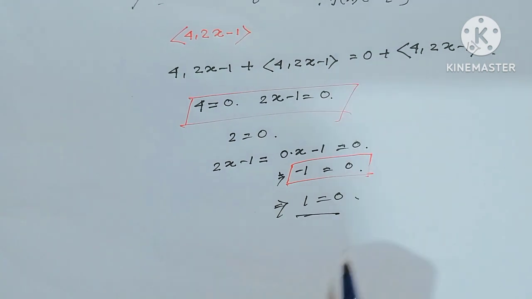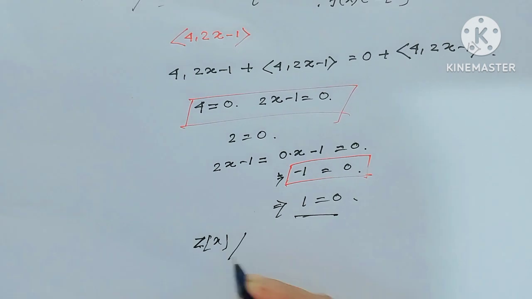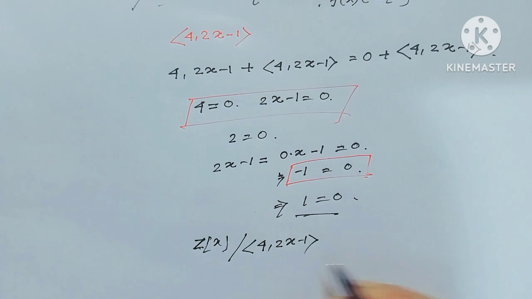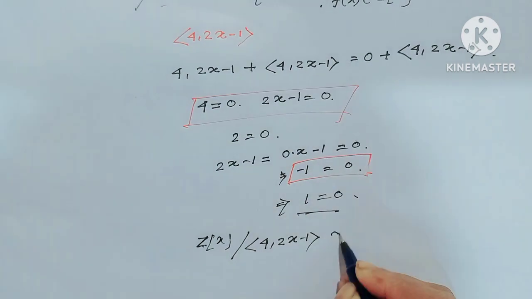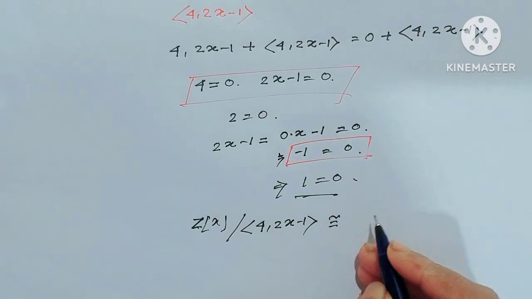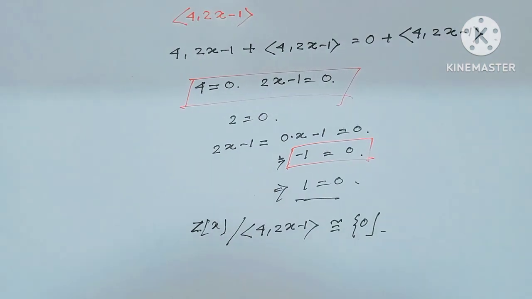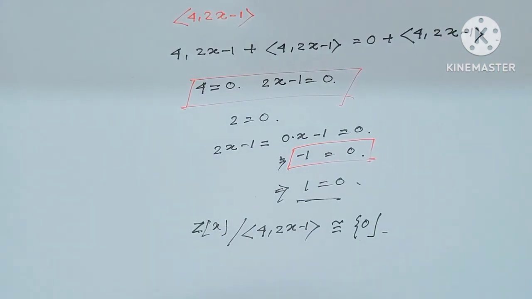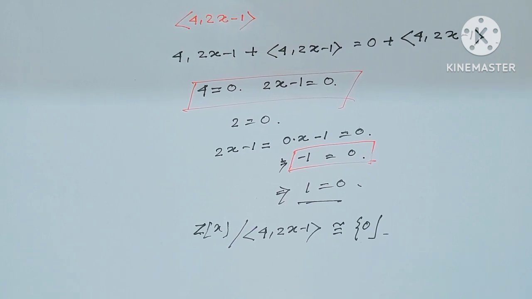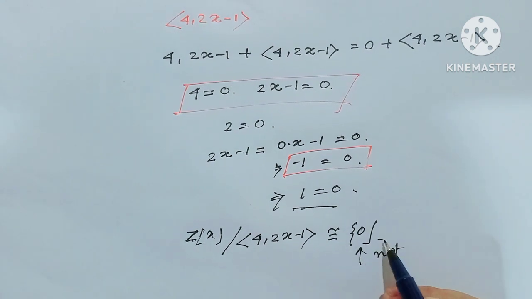And since 1 equals 0, Z[x] modulo the ideal generated by 4 and 2x minus 1 is isomorphic to only 0, that is, the zero ring.